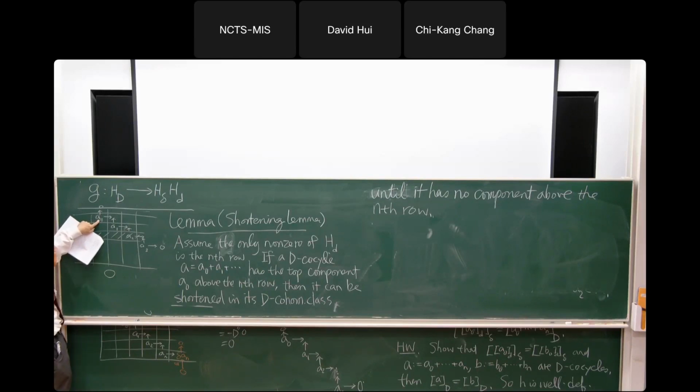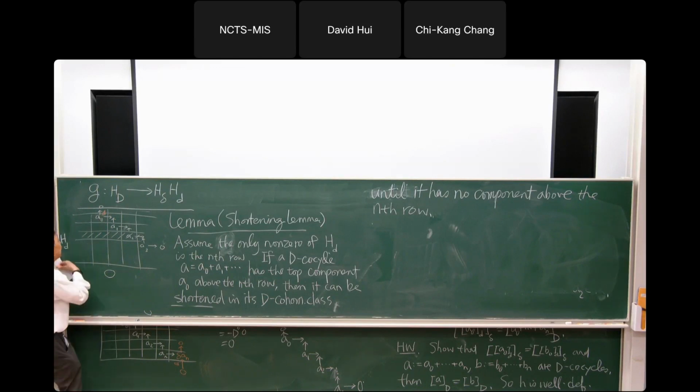And here you have an element that's a little d cocycle, but there's no cohomology here. What does that mean? It's exact.